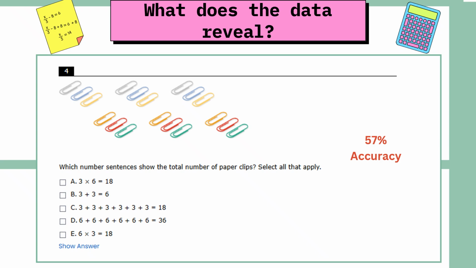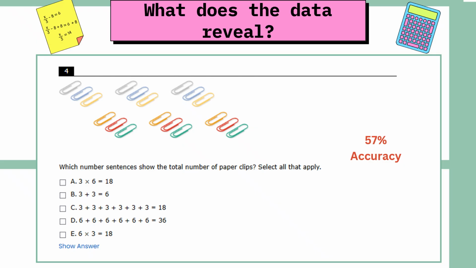Similar to the last question, we have question 4, which had the paper clips. On this question, it received 57% accuracy. Notice a difference in this one: although it did have a picture as an aid, it has select all that apply.